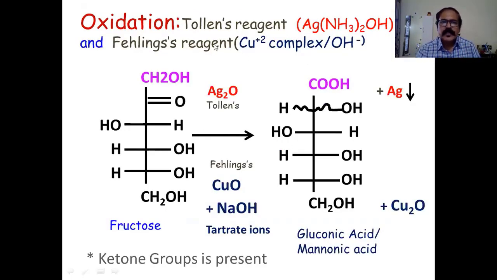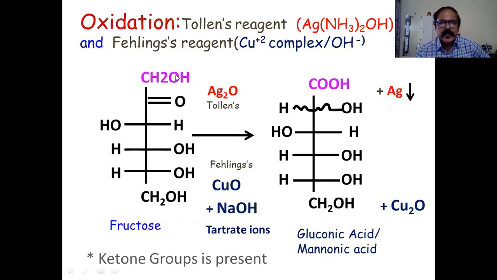So let us see how this is happening. Tollens reagent: just now I told you, Ag+, or Ag2O, or AgOH, or Ag(NH3)2+ with OH-. We can represent Tollens reagent in different ways. The basic logic is Ag2O, with oxygen as -2, or you can take it as Ag+, so Tollens reagent will have Ag+ ions.